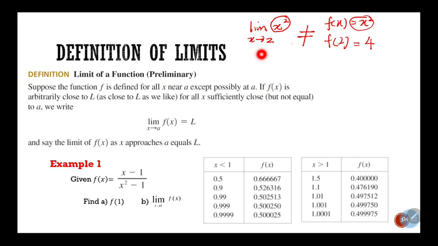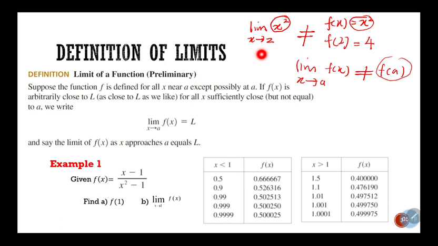But as of now, I want to tell you that when we have a function, the limit of f(x) as x approaches a is not necessarily equal to f(a). What does f(a) mean? It means we substitute x with a. It's not necessarily the same.